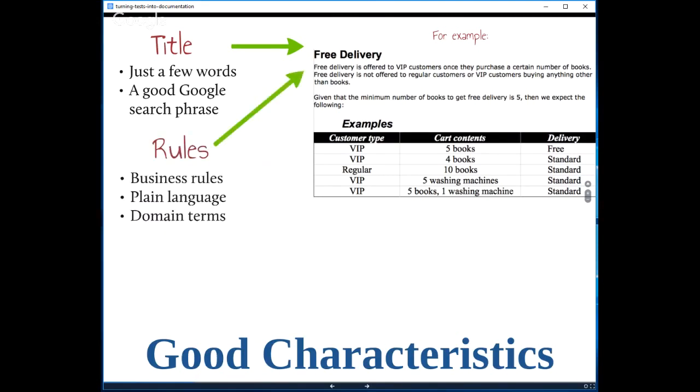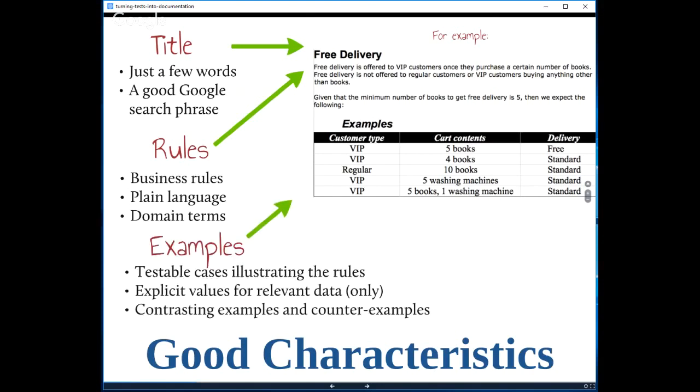The next element is the rules, which can take the form of some short, plain language description of the feature, where any important business rules are clearly stated using the appropriate terminology of the business domain. And the third element is a set of explicit examples that illustrate those rules. Now, this is the important part for the test role, because this is what can be automatically checked, okay?